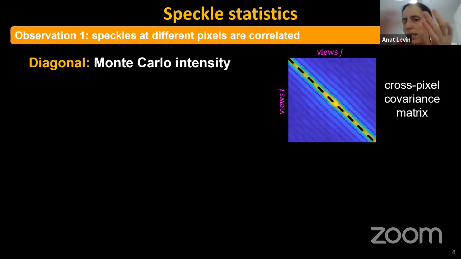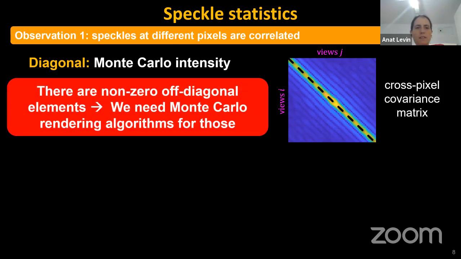But clearly, the off-diagonal elements of this matrix are not zero, meaning that there is more statistical information in the data, not just the intensity. So essentially, we are missing all these second-order statistics, all the off-diagonal elements of the covariance matrix. And our goal is to develop a Monte Carlo algorithm that can render the off-diagonal elements of the covariance matrix and not only the diagonal.